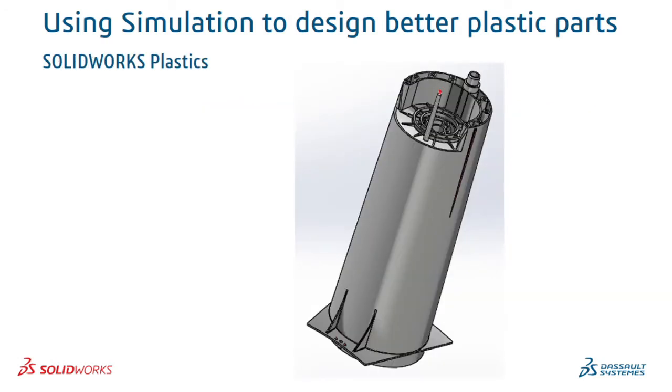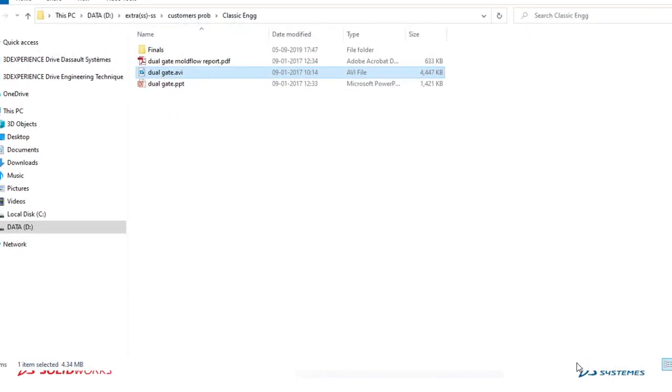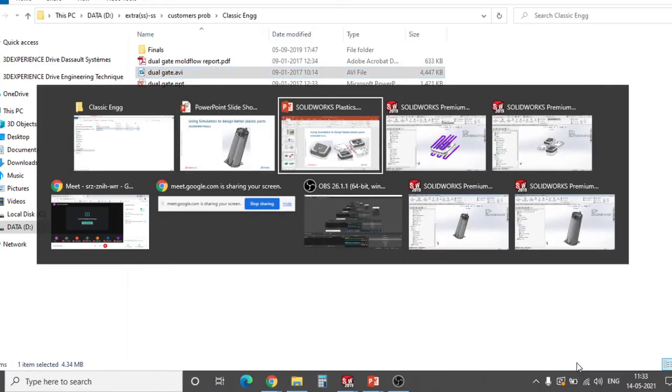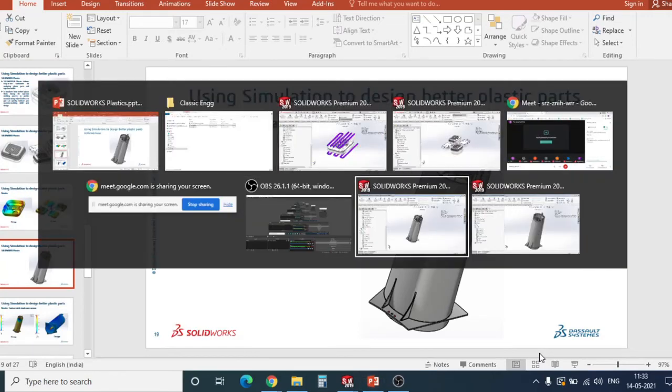Now moving ahead, let me explain this SolidWorks Plastics software on this another product. I'll just open it. This is a simple product, a canister.